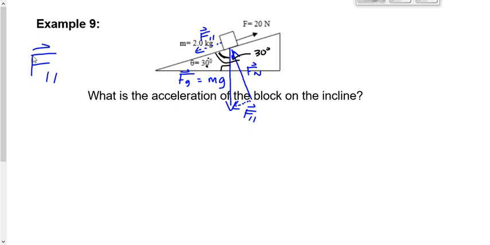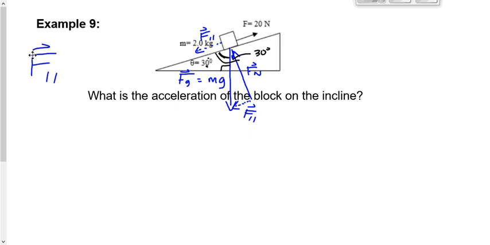You can do the geometry with it and see that. If it's a 30-degree incline, it's going to be 30 degrees between the normal force and the force of gravity. Now, what we need here is the value of F parallel.